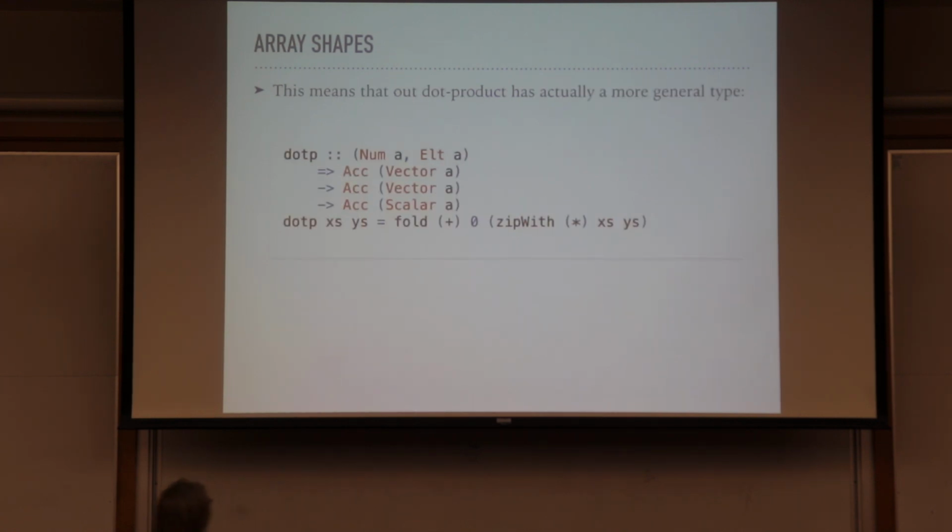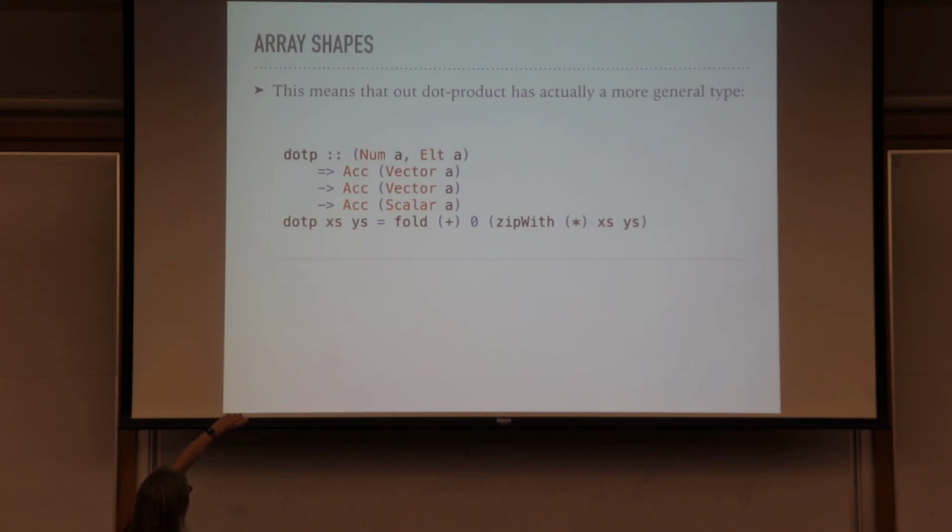But the very last thing to say is that I was kind of lying when I gave you the type of the dot product, but only a little bit. It's true, it had that type, but it has a more general type. I told you that dot product took two vectors and would give you a scalar. And that's what it does if you give it two vectors, but it has a more general type because both fold and zipWith can work on multidimensional arrays.